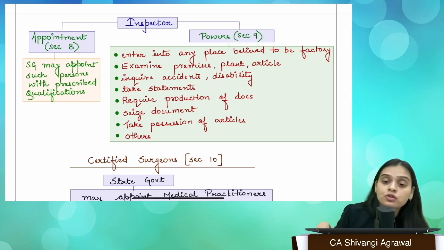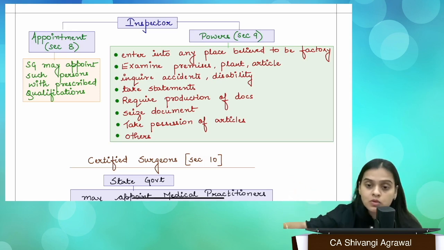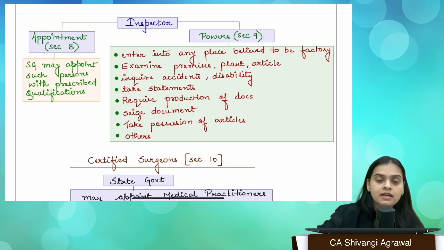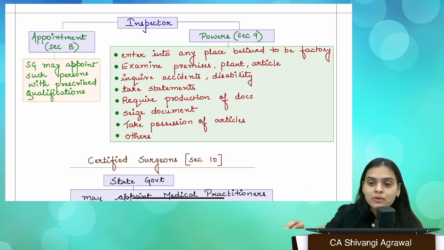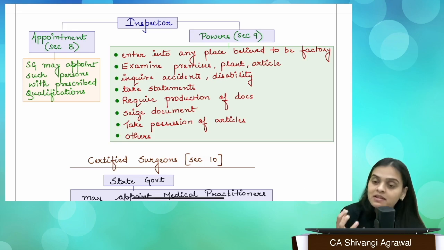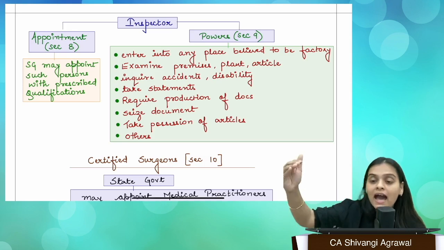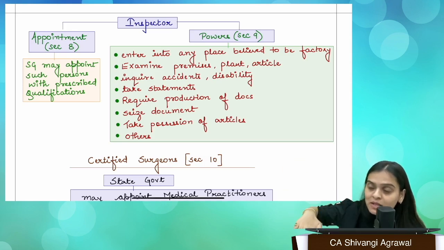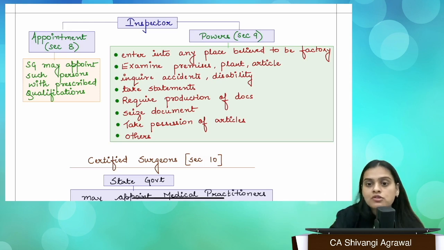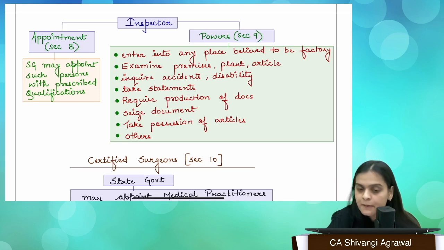Their health is not compromised, and they have been given adequate welfare measures, at least the basic ones which are prescribed. The Factories Act tells us this is the minimum that you must provide. The factories should provide more than that, right?